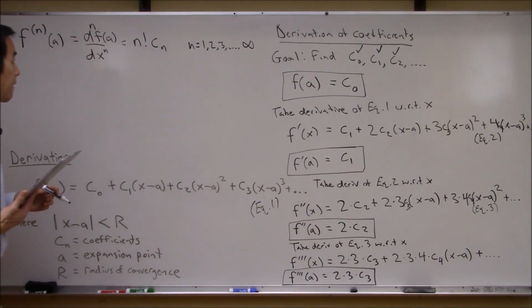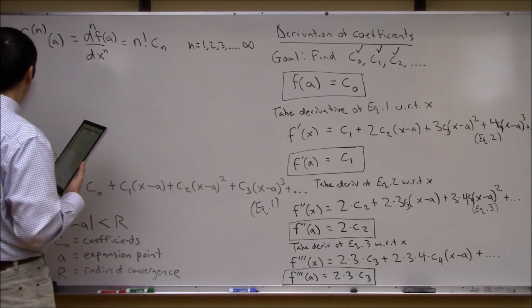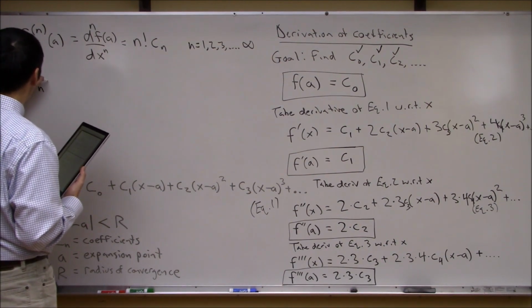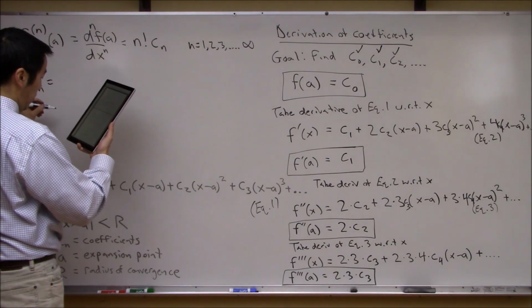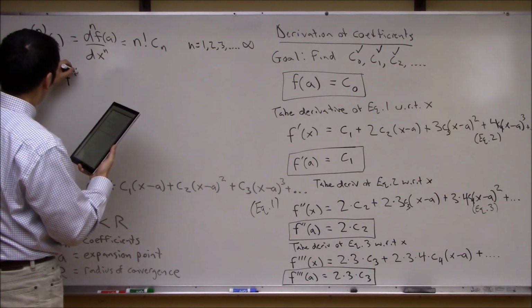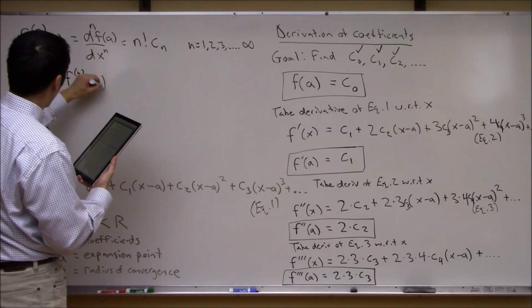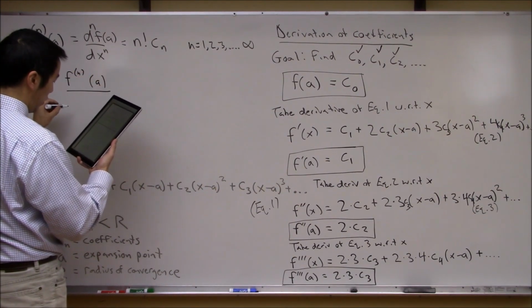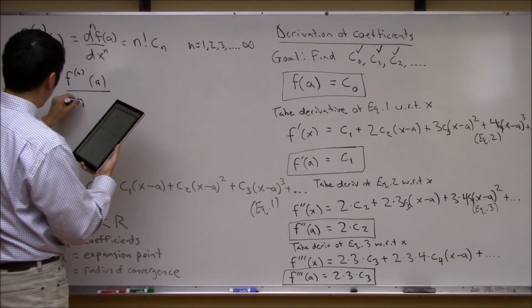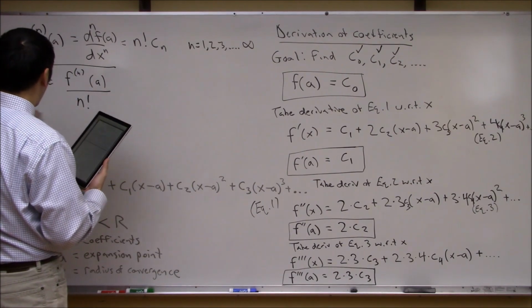So just solve this. All we end up with is the coefficient c to the n. It's just the nth derivative of the function evaluated at a, all over n factorial. So this is what we were going after, okay?